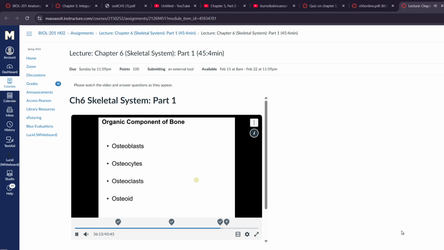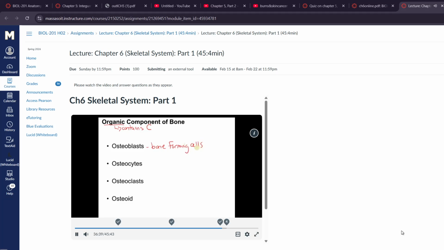So now that we've talked about bones, what about the components? So bones are made of an organic and an inorganic component. Organic just means it contains carbon. And living things are made of organic compounds. So these are a couple of the organic structures. First we have osteoblasts, which you already know about. These are bone-forming cells.